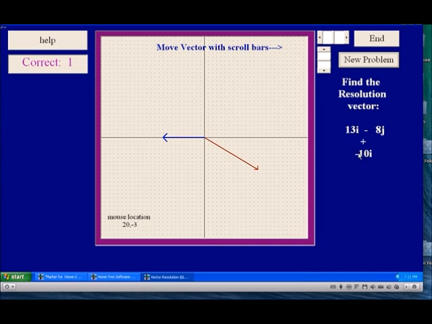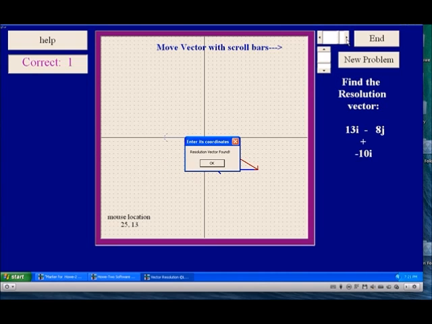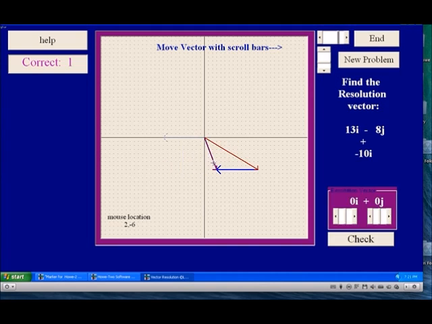We could see that it's going to be 3i minus 8j, but we can move this vector this way. When they line up, we have the resolution vector in purple, and it's going to be 3i minus 8j. Kind of easy once you see it.